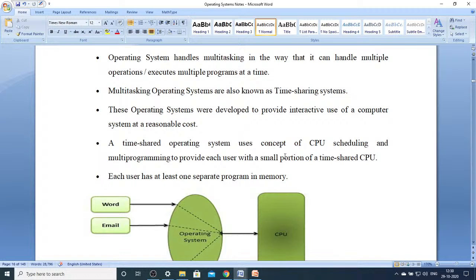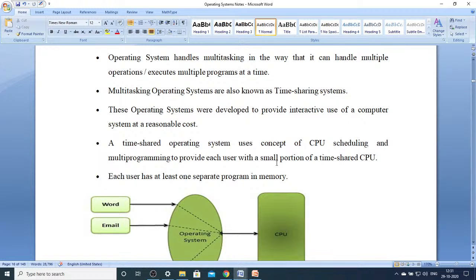These are the points you need to address: multi-programmed, no interaction; time sharing with interaction, and a time bound set for giving equal chance to all the jobs in the main memory.